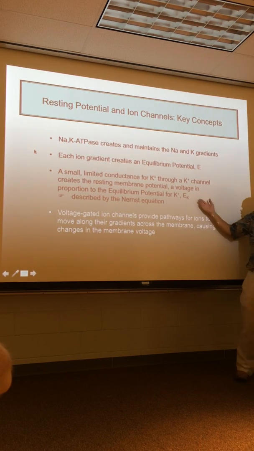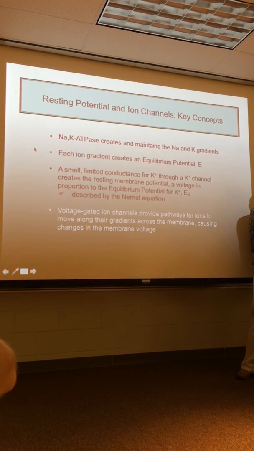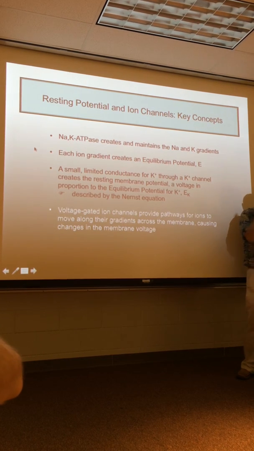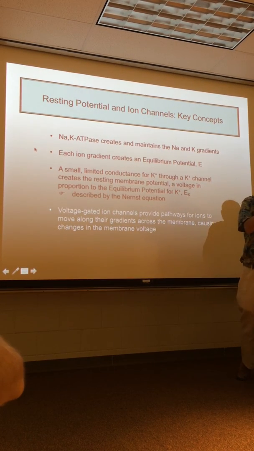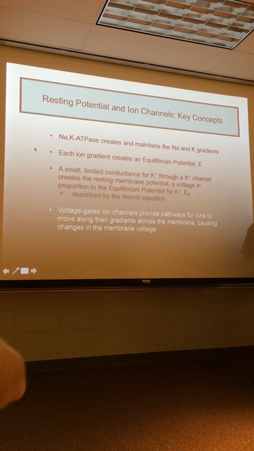So it turns out that this resting potassium conductance, this resting ion channel for potassium, has a particular name, I'm not going to tell you, but it doesn't really respond to voltage. It's just always got a little bit of conductance.